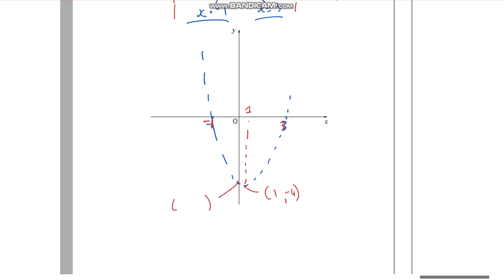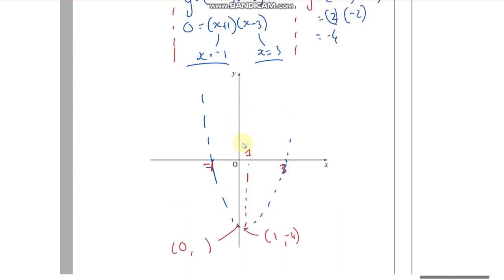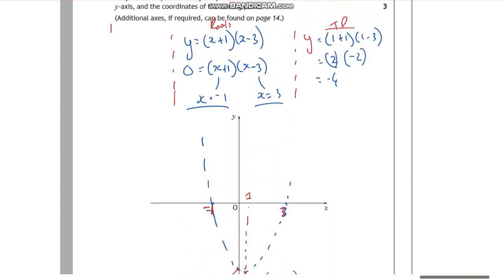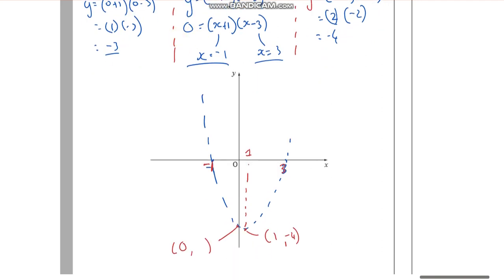So I know that for that one, x is 0, because I'm on this line here. So for my intercept, I just put x as 0. So I'm going to say y is equal to 0 plus 1, 0 take away 3, so that's going to give me 1 and negative 3. Multiply them together for negative 3. So my intercept is at 0, negative 3.